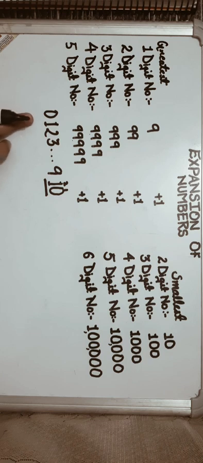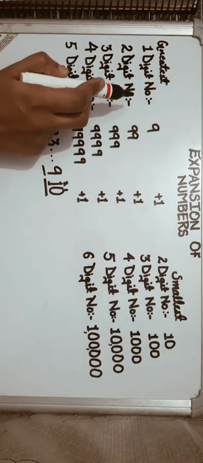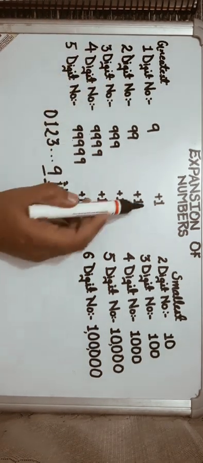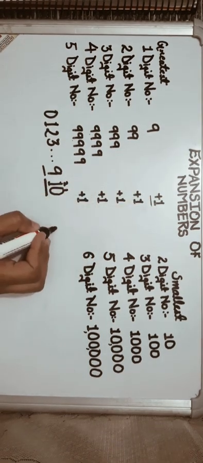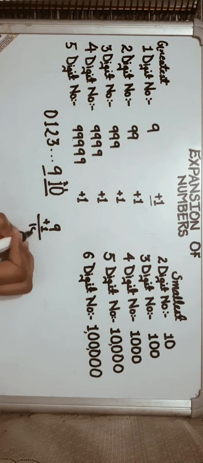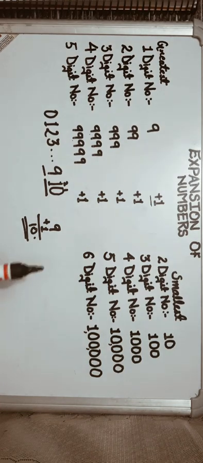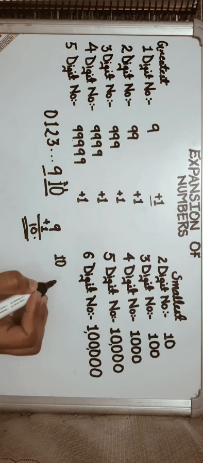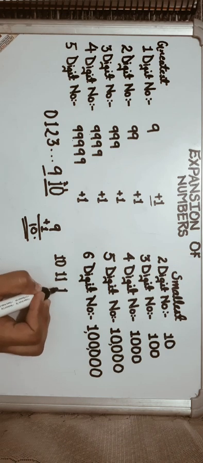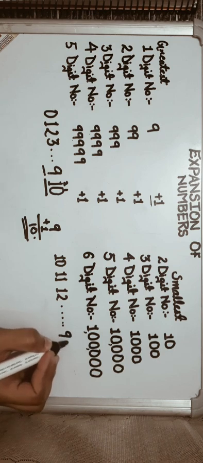So the greatest one is at the most right side. So 9 is the greatest 1 digit number. Okay. If we add 1, 9 plus 1, we get 10, and this 10 is the smallest 2 digit number. 2 digit numbers are 10, 11, 12 and up to 99.